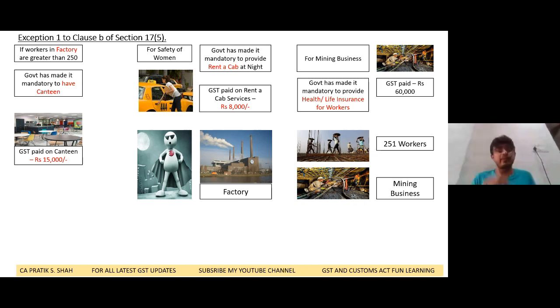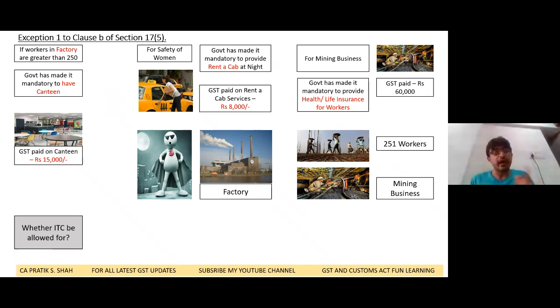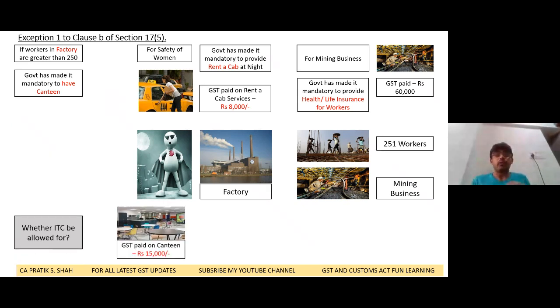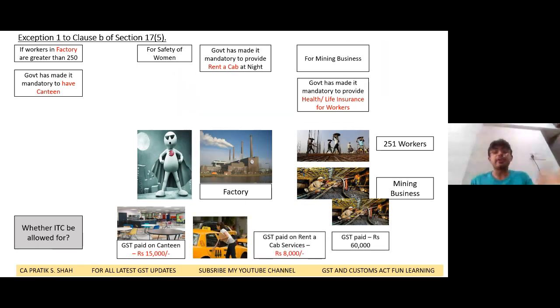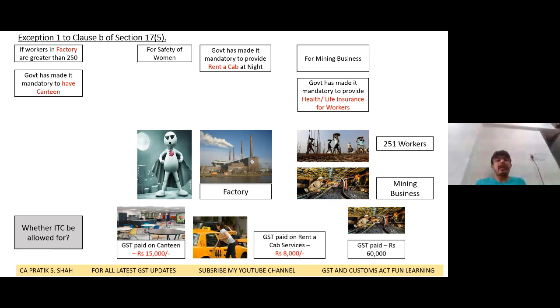The employer was not interested, but paid 60,000. Now, whether ITC shall be allowed for the GST paid on canteen, rent-a-cab and life insurance, can ITC be taken or not?